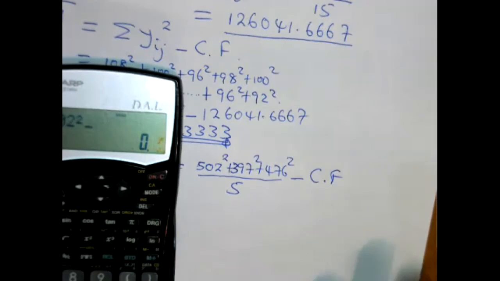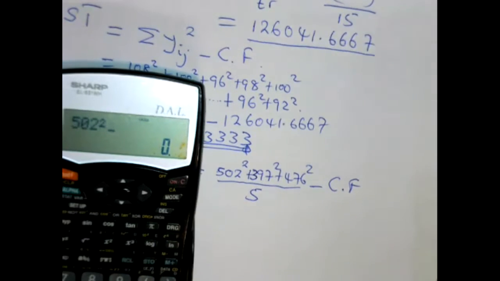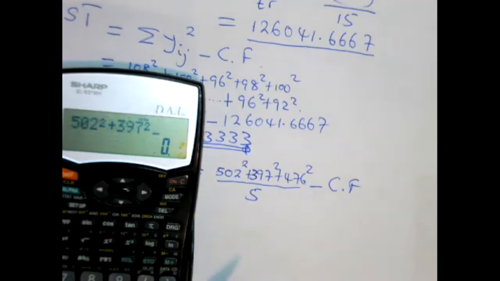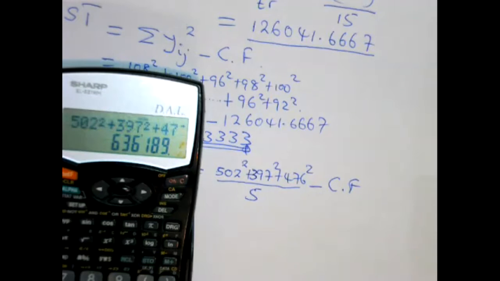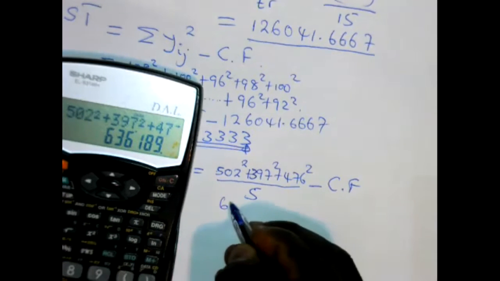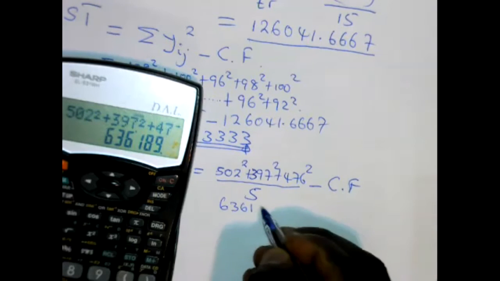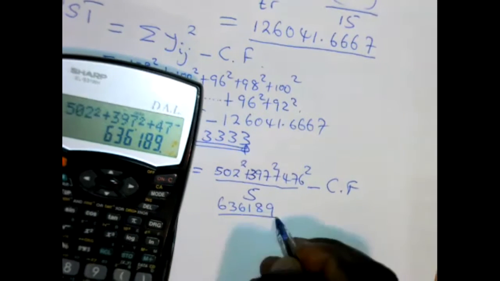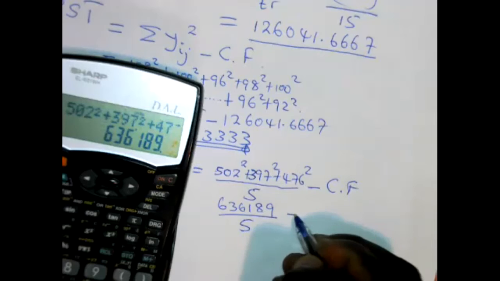So when we do that, we will have 502 squared. Let me just put my calculator so that we move together. 502 squared plus 397 squared plus 476 squared, right? So that is equal to, I can even write, 636189 divided by 5 minus the correction factor.